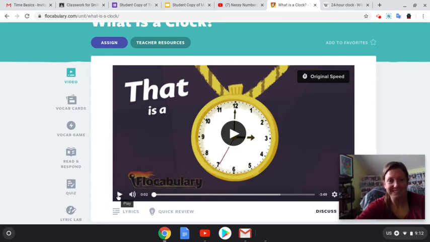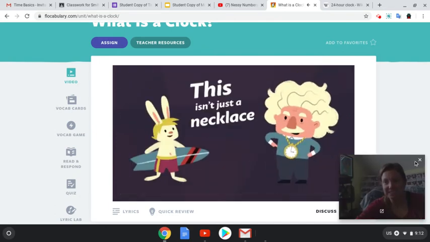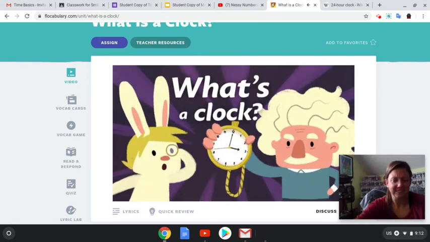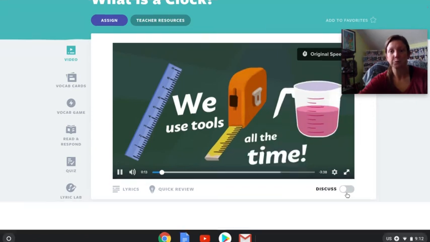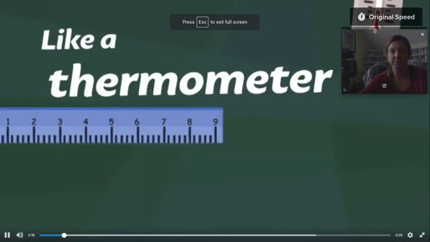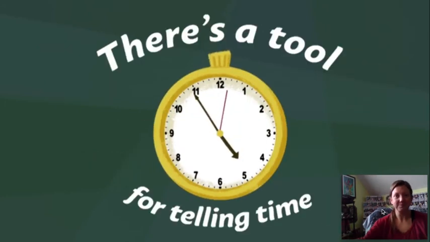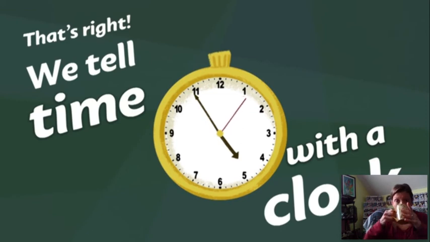All right. Is a solid necklace, bro. This isn't just a necklace. This is a clock. What's a clock? Well, listen, we use tools all the time. They help us measure, like a thermometer to tell the temperature. There's a tool for telling time. It goes tick-tock. That's right. We tell time with a clock.